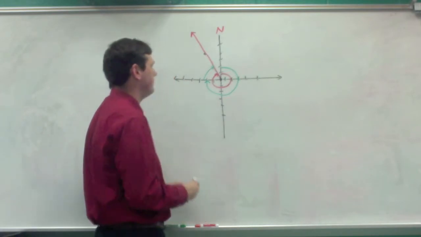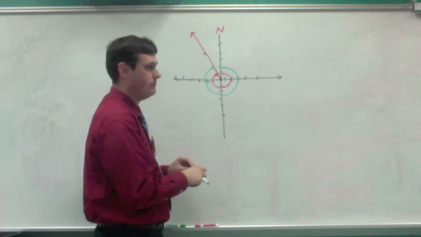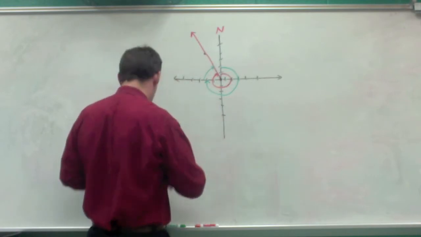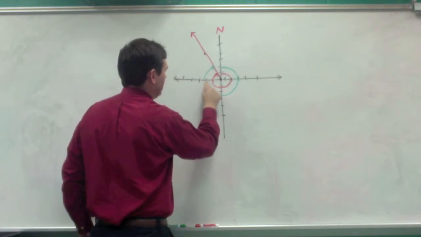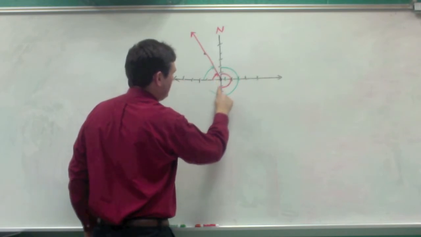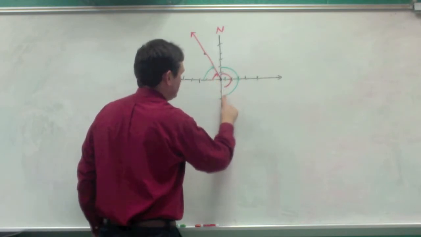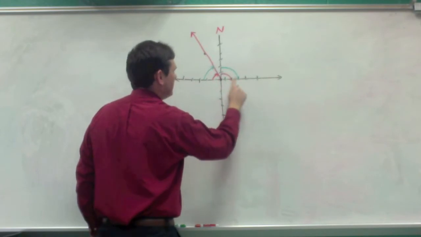But we can find this angle. We know that this triangle here, and I'm going to go ahead and erase the little arrows. We're trying to find that green angle, and we're going to add 270 to it to get our bearing.